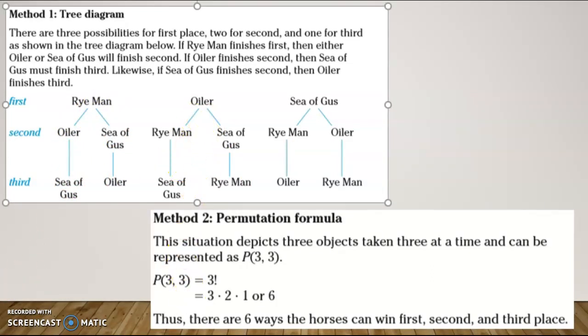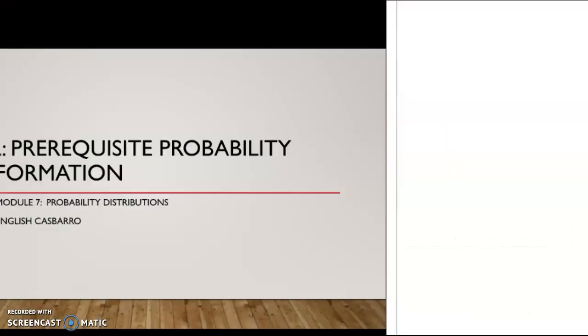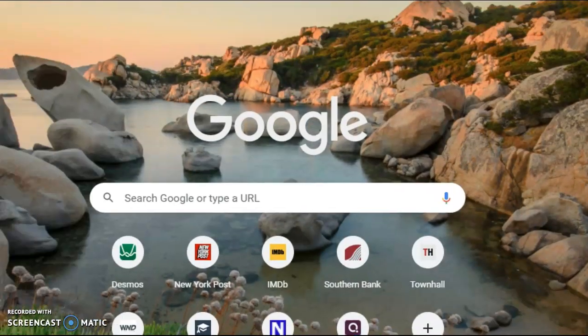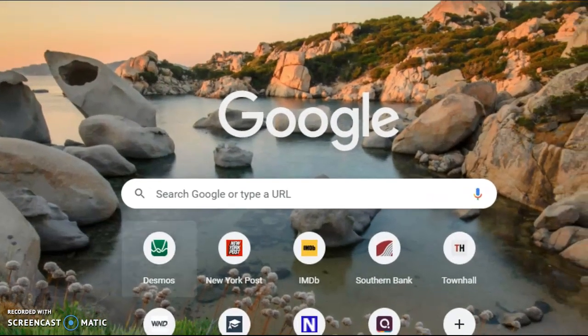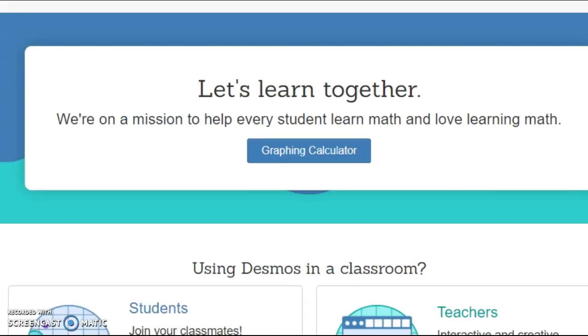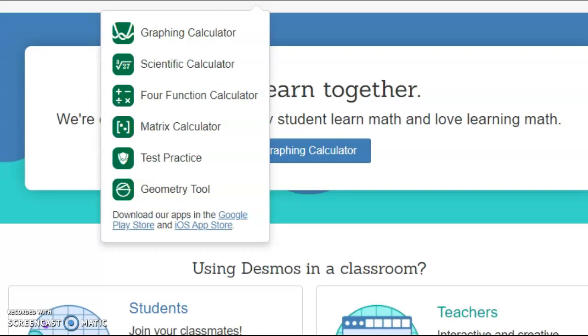Okay? You also can do this on Desmos. Let's get a graphing calculator.